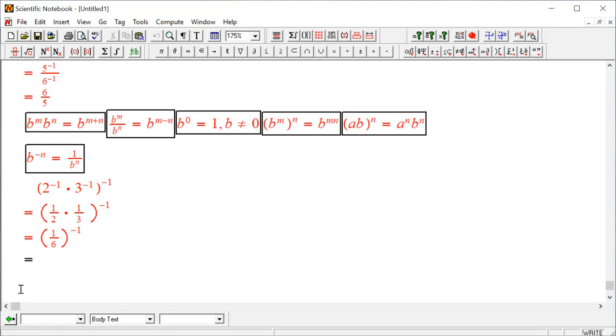At this point you can also write 6 to the power -1 inside, and then outside is -1 as the power.